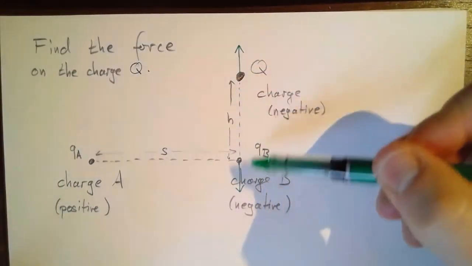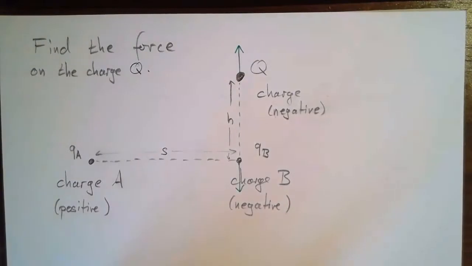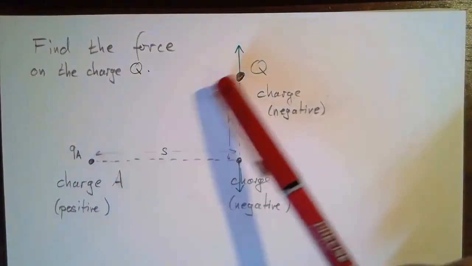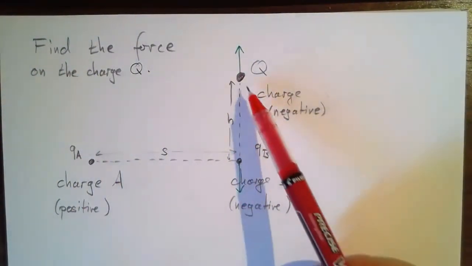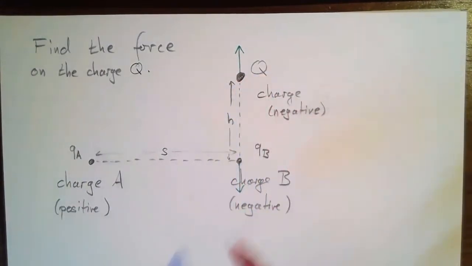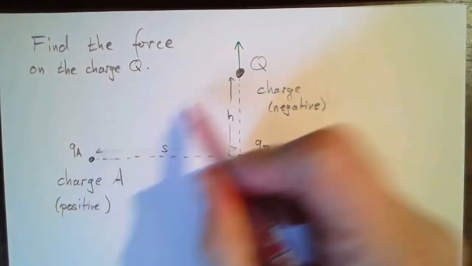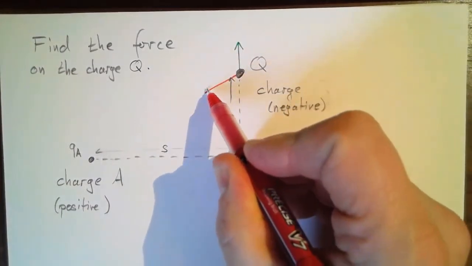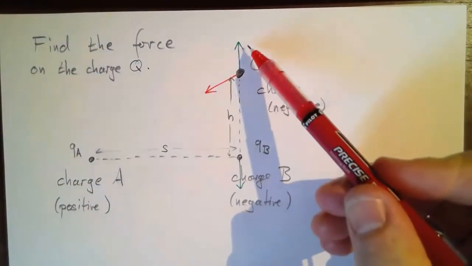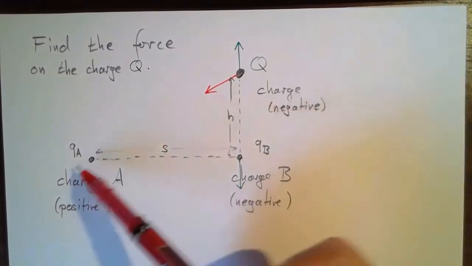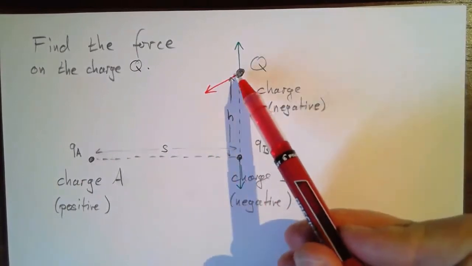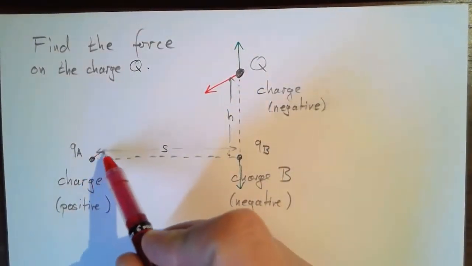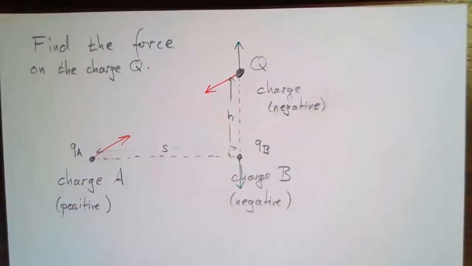That's the interaction between those two. There's an interaction between this one here and this one here. Now, this one is a positive charge, this one is a negative charge, so they're going to attract. So there's a force on this one that points in this direction. I don't know how big it is compared to that one, because I don't know the values of the charges, don't know the distances, it doesn't matter. But it's in this direction, and there's an equal and opposite force in that direction.